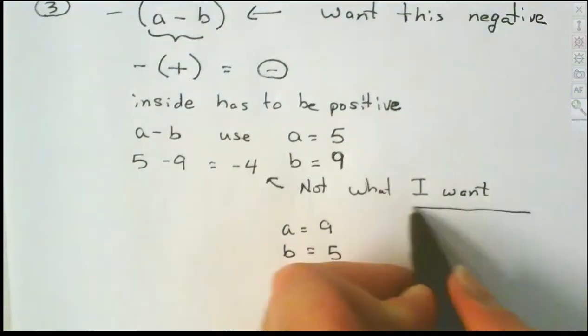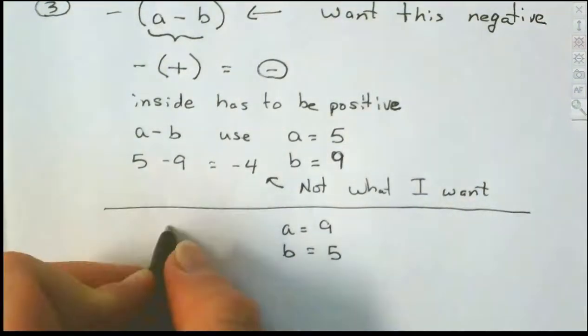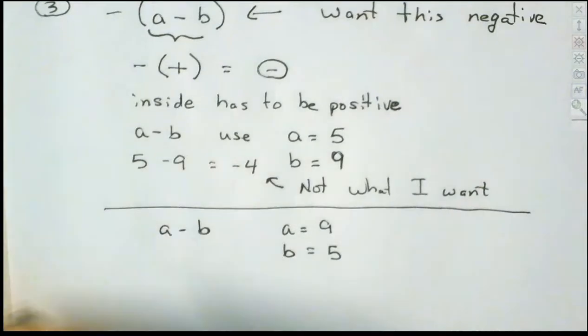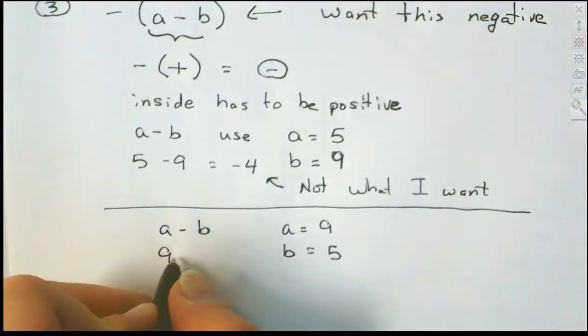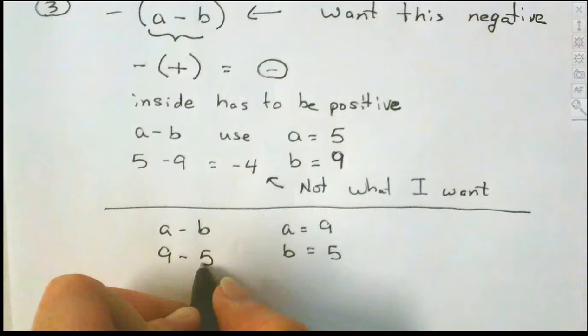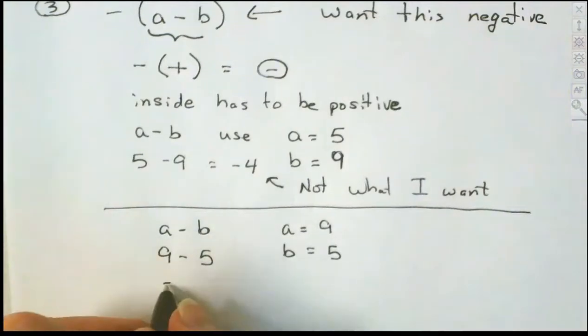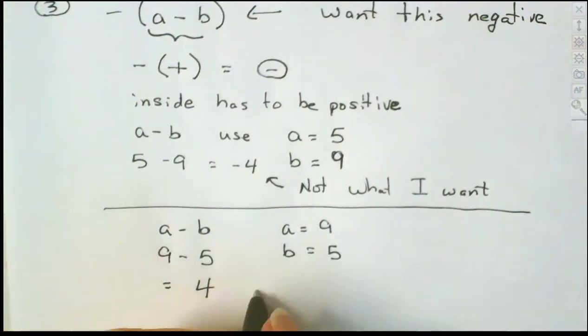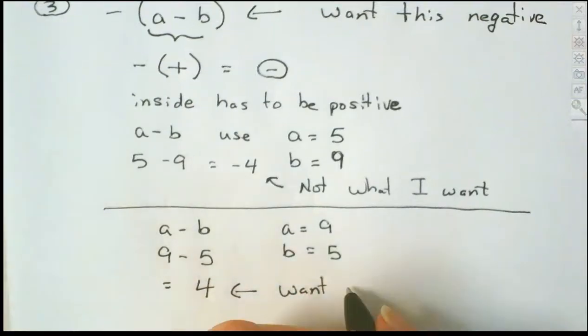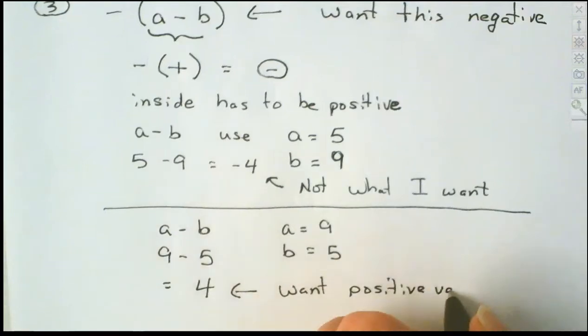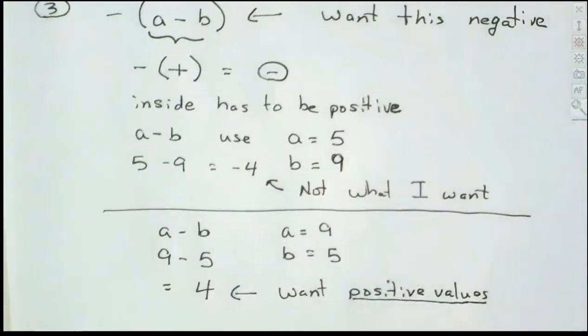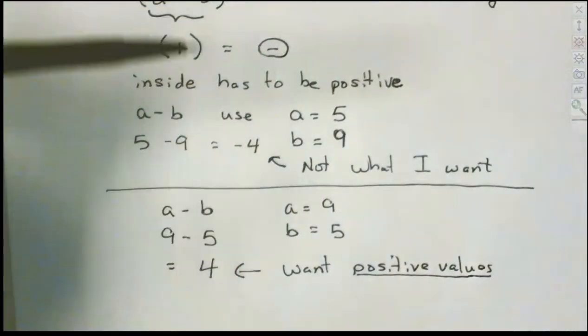Well, if I switch them around, that's 9 minus 5, which makes it a 4. And that is what I want. I want positive values. Okay, so does everyone see? This is what I want.